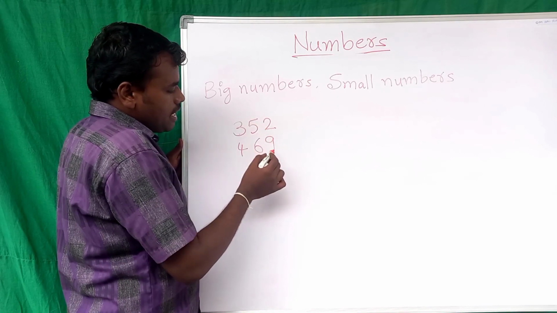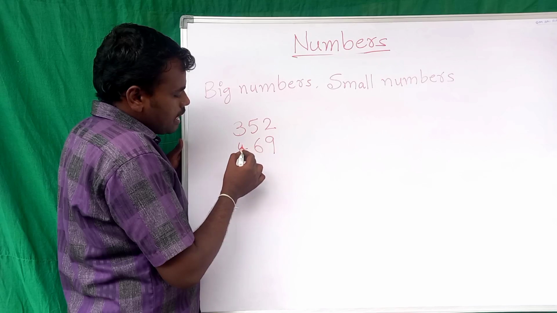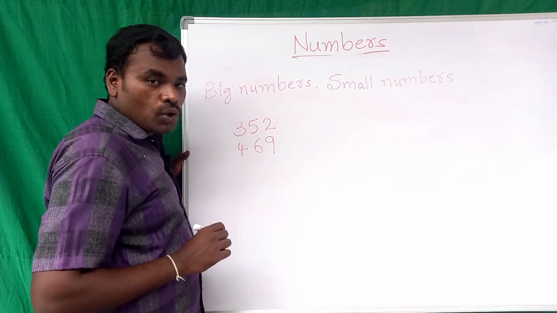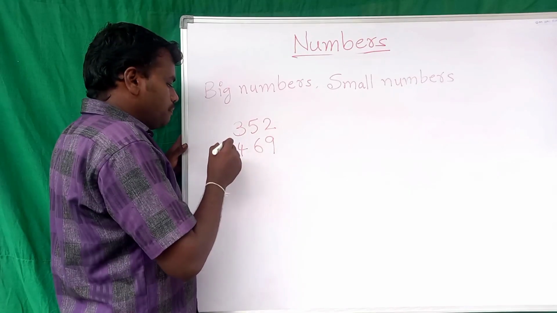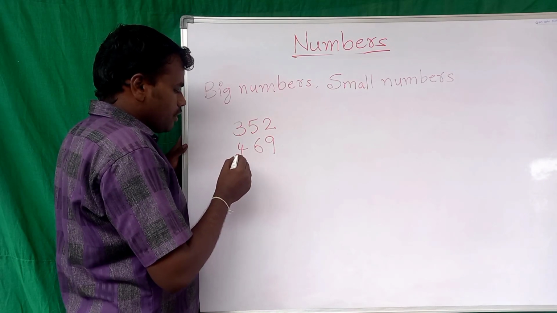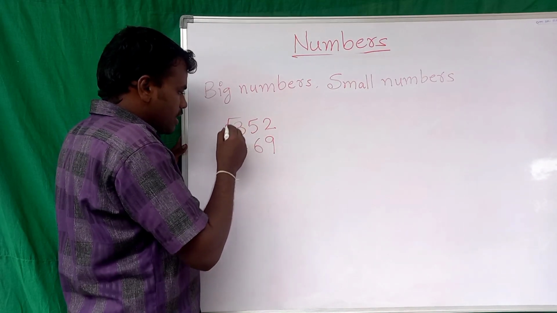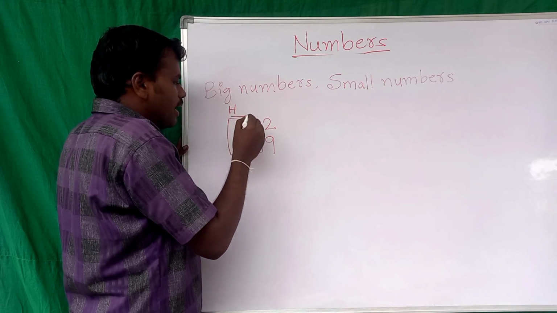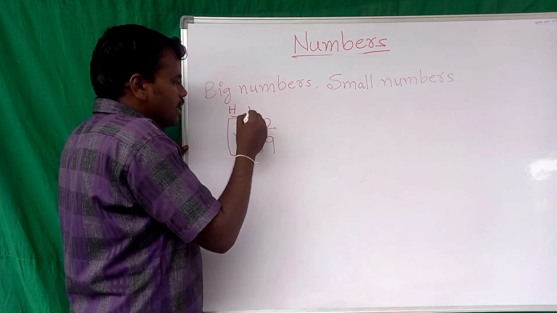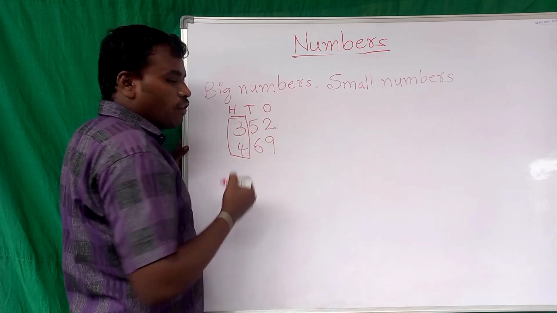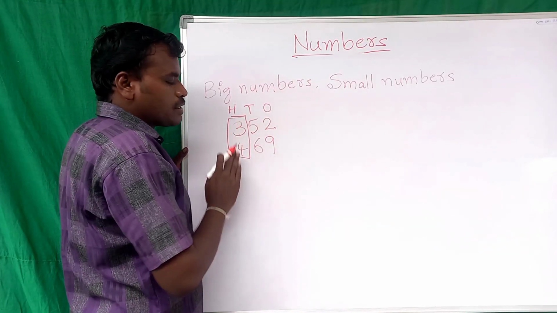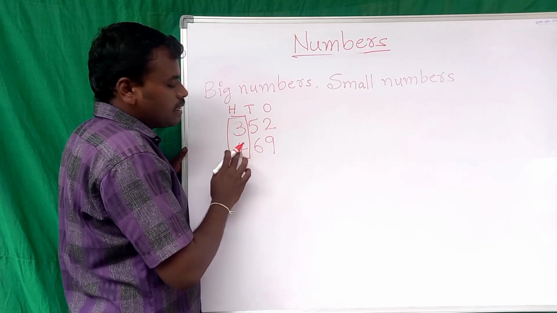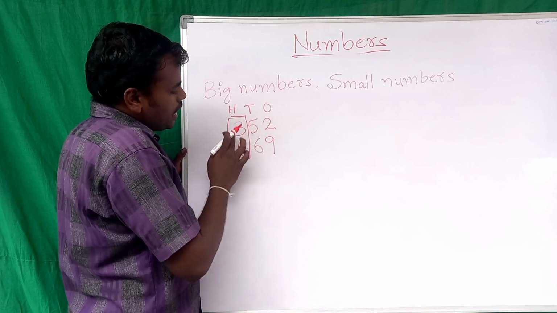In the hundreds place, one number has 3 and the other has 4. We compare the hundreds room first, and the bigger digit gives the bigger number.